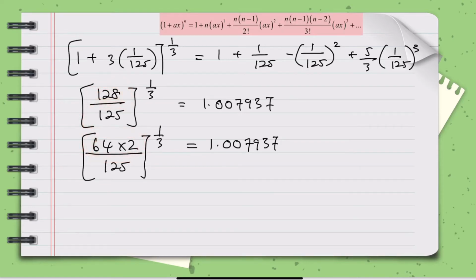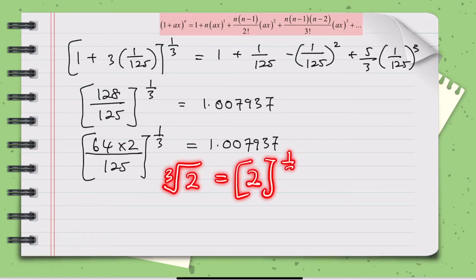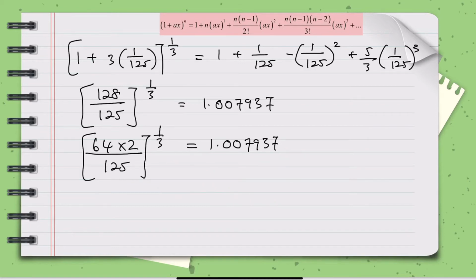Okay, this is because we need to make sure the value of 2 appears on the left side. Remember, the question asks you to evaluate cube root of 2. Cube root of 2 also equals 2 to the power of 1/3. Okay, is it clear? Alright.